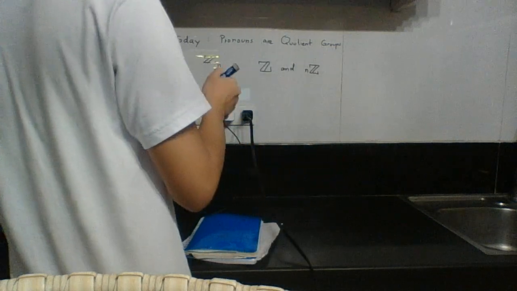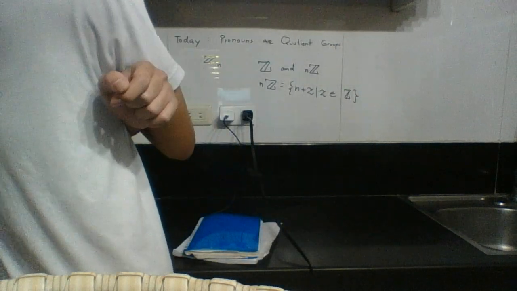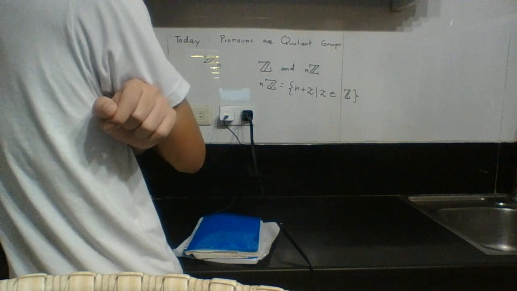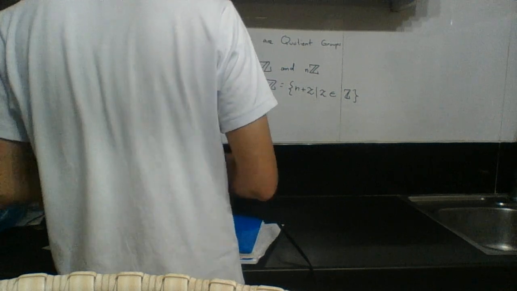In fact, it is the quotient of the integers by a left coset nZ, which is n plus any z, such that z is inside the integers. And then we mod the left coset out, or I think that's how it's defined. That's sort of the point of the notation, or why it was denoted like that.